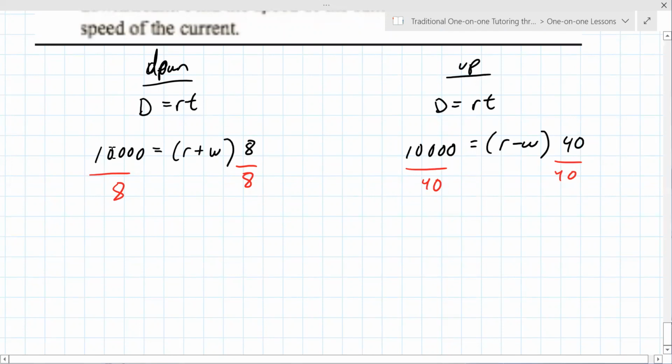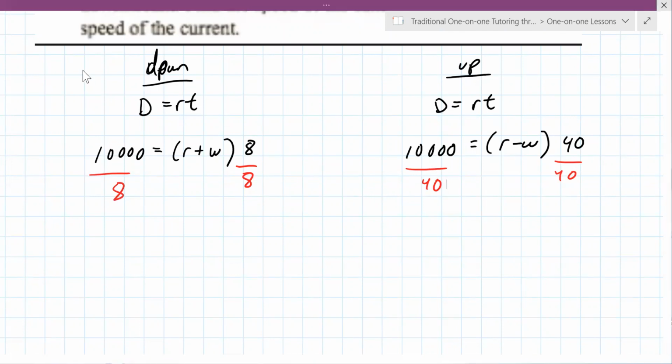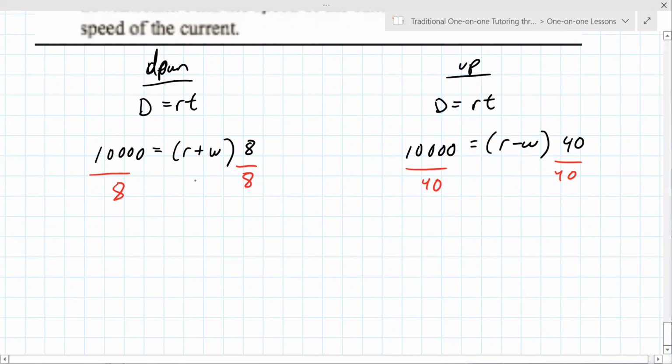So can you grab your calculator and tell me what 10,000 divided by 8 is? 1,250. 1,250 equals R plus W. And how about on the right, is 10,000 divided by 40? 250. 250 equals R minus W. So see how much nicer this is rather than distributing in the numbers.